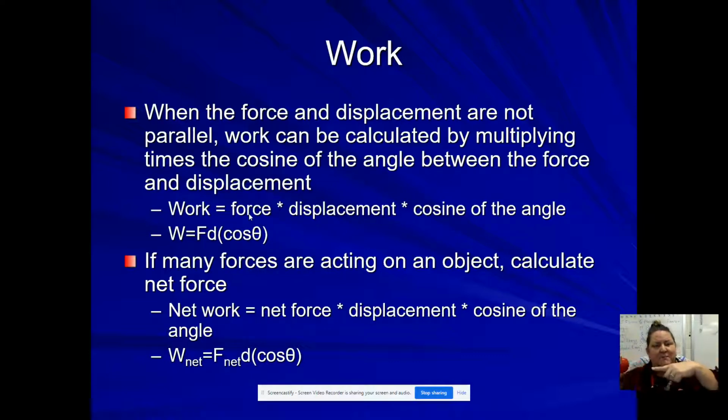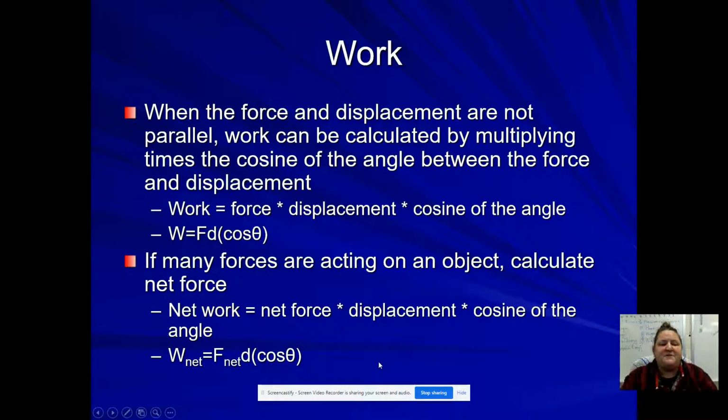The force and the motion are parallel. But what if I put a force like this? My force and the apple's movement are not parallel. That's when you use this formula. So the amount of force times the displacement times the cosine of the angle between the force and the displacement. Okay, I'll show you a picture in a minute showing that.